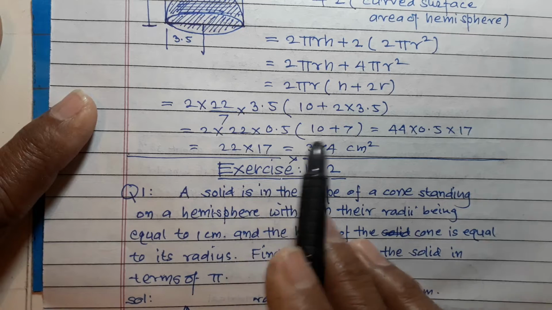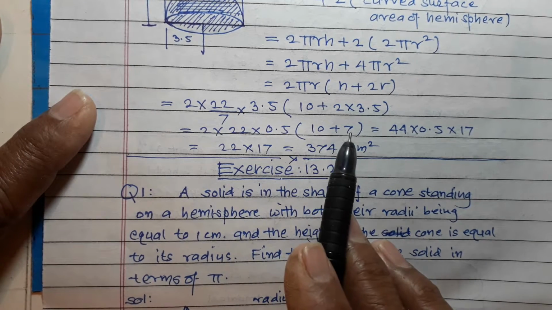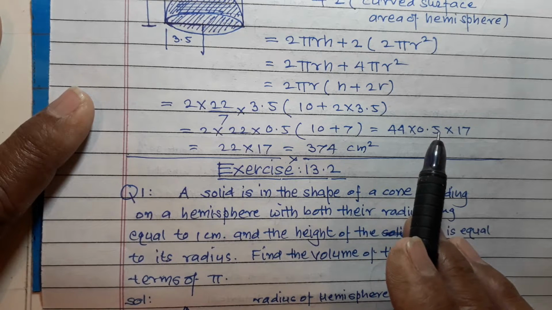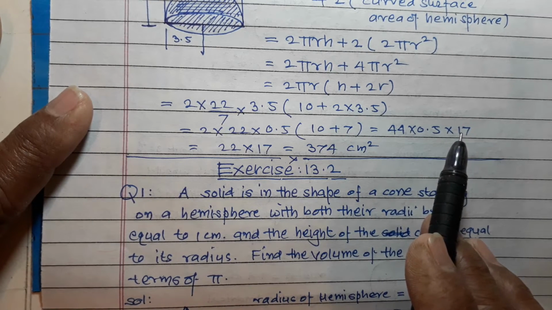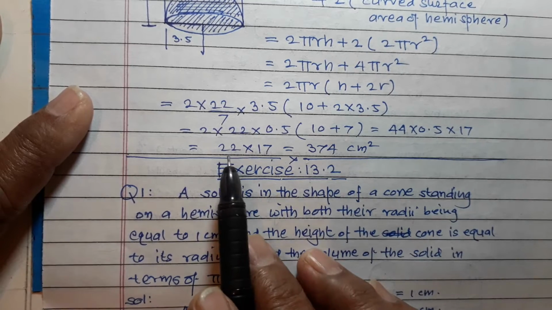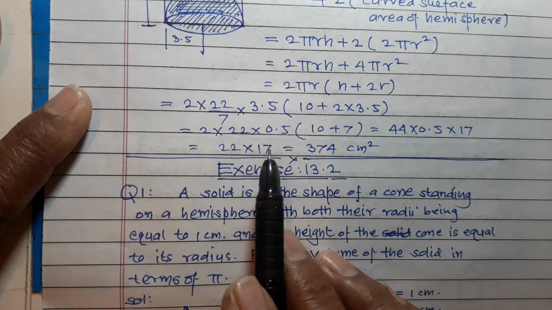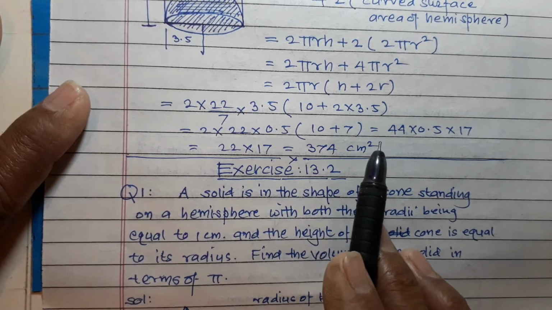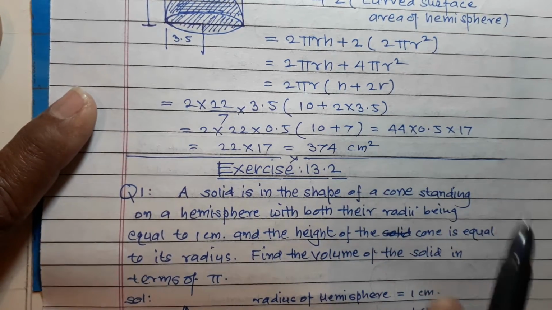So 0.5 into bracket 10 plus 7 is equal to 44 into 0.5 into 17, which is equal to 22 into 17, equal to 374 cm square.